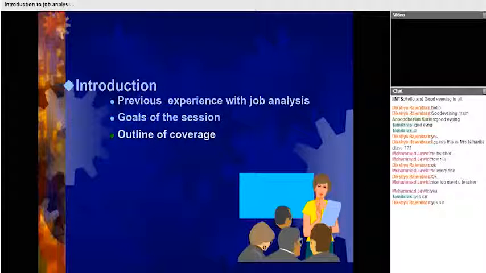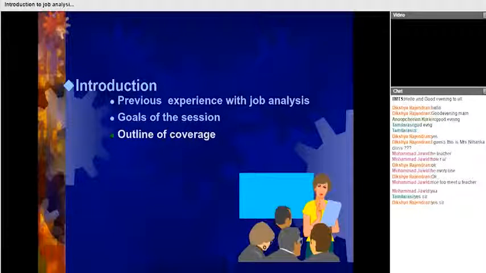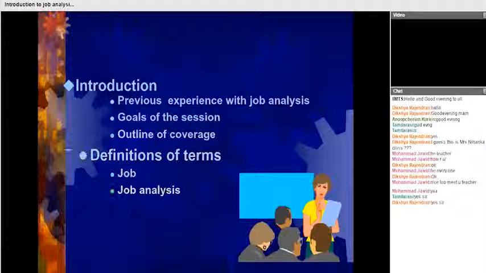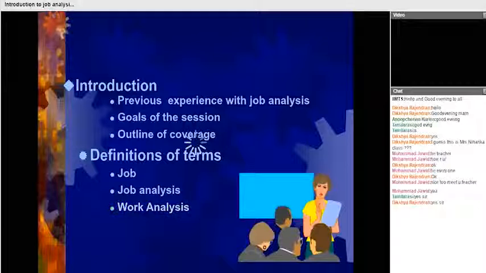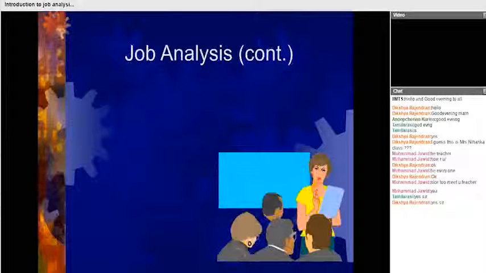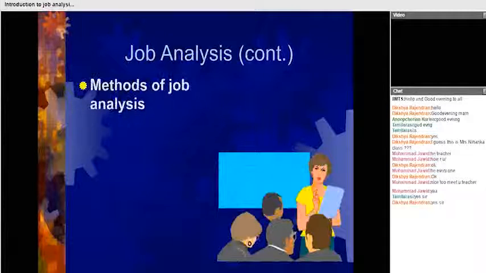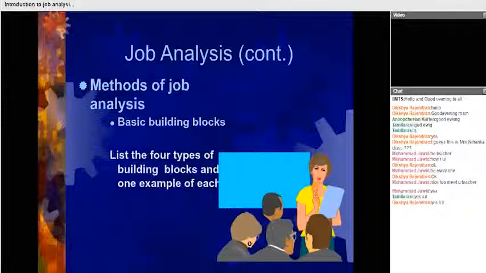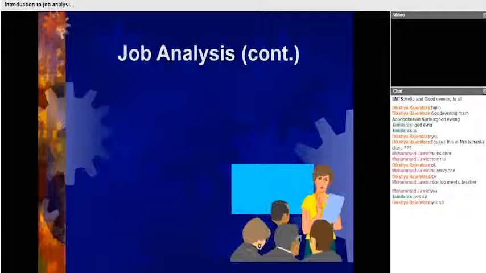So, introduction. What are the topics which we are covering in this particular PPT? The previous experience with job analysis, goals of the session, outlines of the coverage and definition of terms: job, job analysis, work analysis. The methods of job analysis, basic building blocks, list the 4 types of building blocks and one example of each.